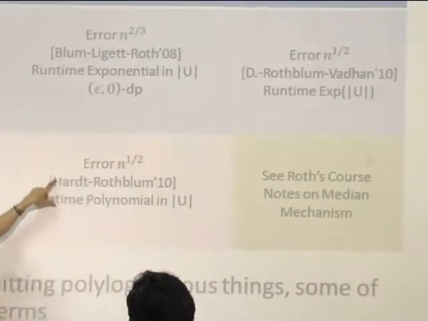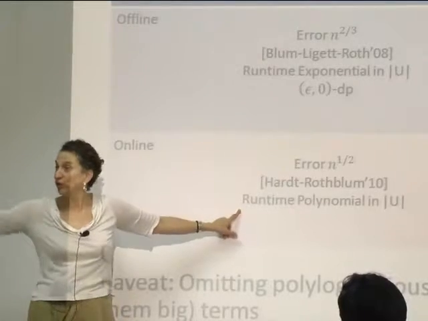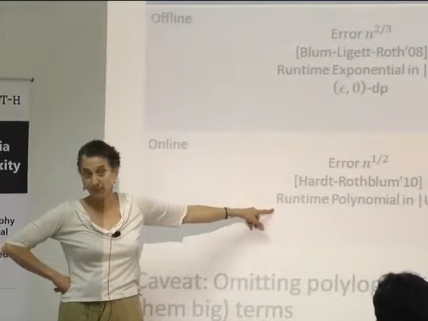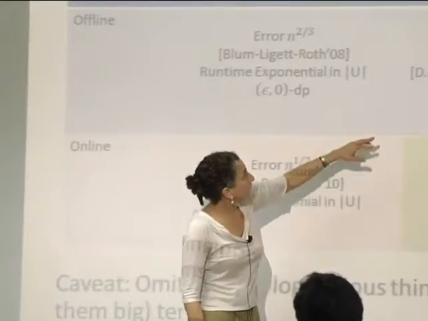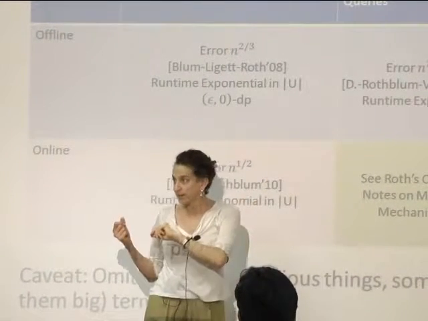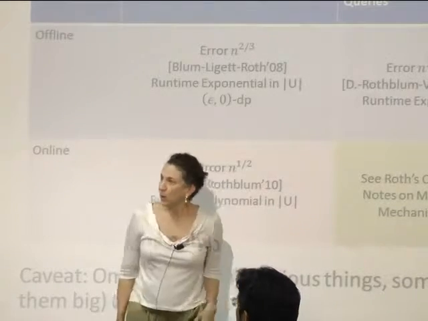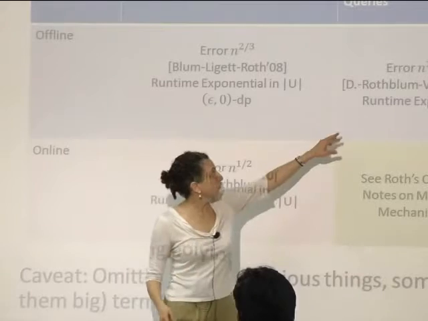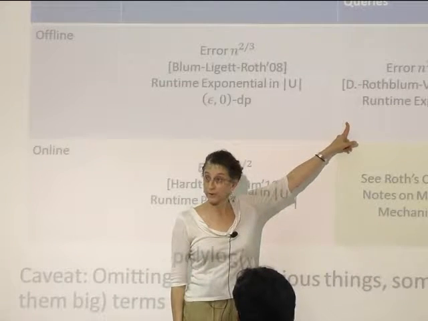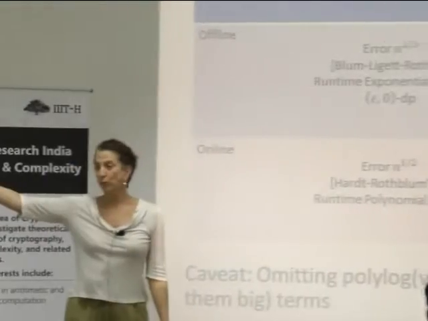Oh, let's go here first. This is the online case for counting queries. That's just what we talked about. The next thing we'll do is we'll get less specific. We'll become less specific, and we'll go to arbitrary low sensitivity queries. The linearity of the queries played an important role in this argument.